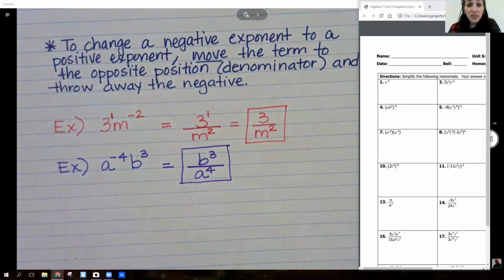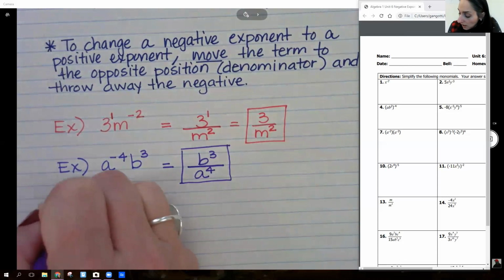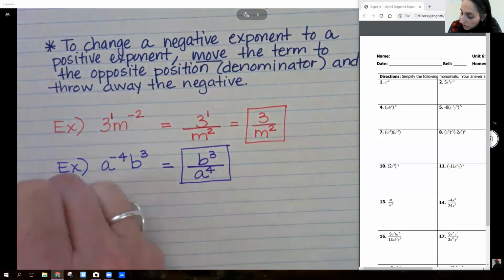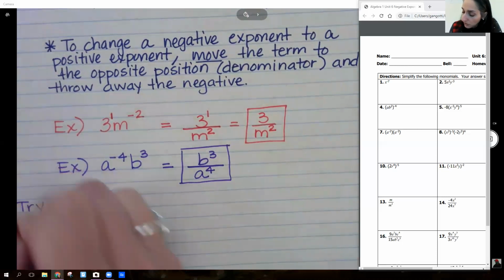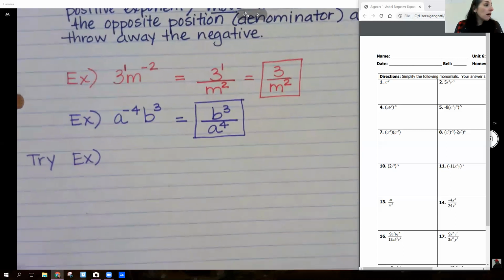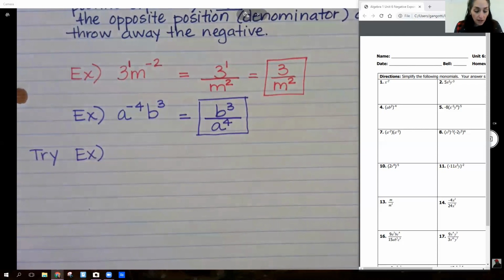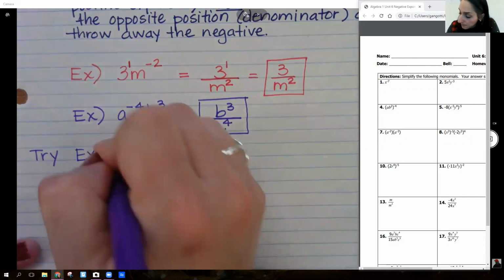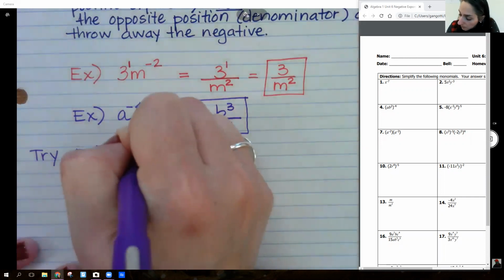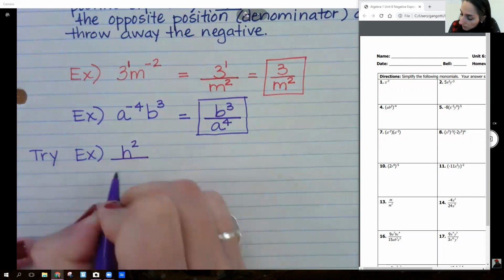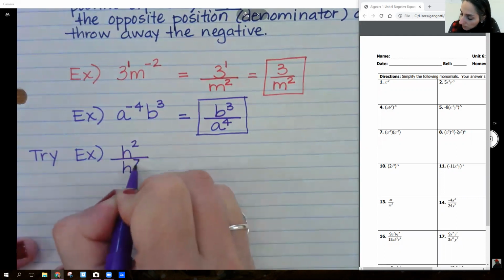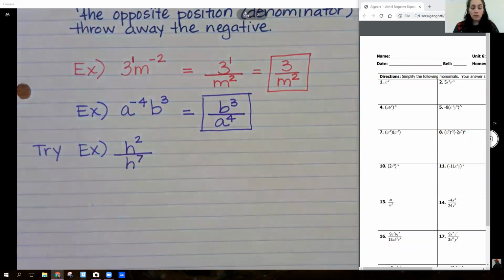Now I'm going to give one for you to try. So try this. I'll give you like a minute or so, and then I'll go over it. How about, what do I have here? How about this? Okay, try that problem.